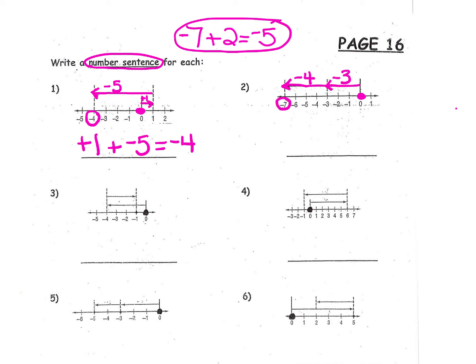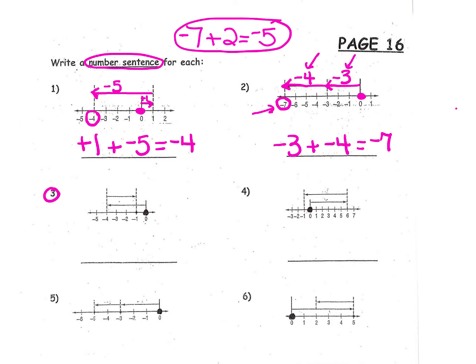And we arrive at a negative 7. So we would write the sentence negative 3 plus negative 4 equals negative 7. Make sure you're labeling your vectors and circling the final answer. It will really help you put together the pieces of the number sentence.